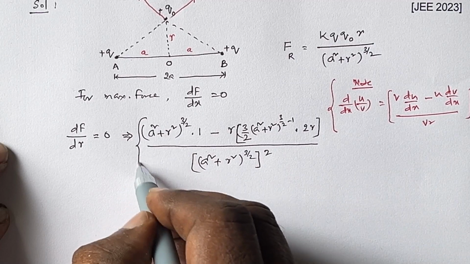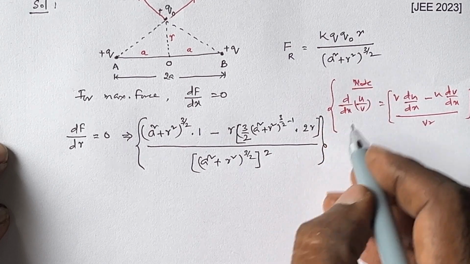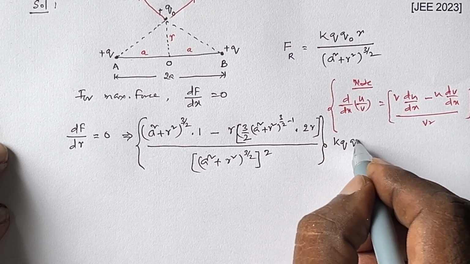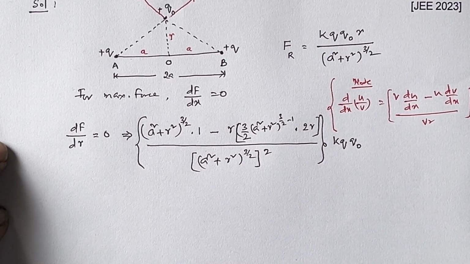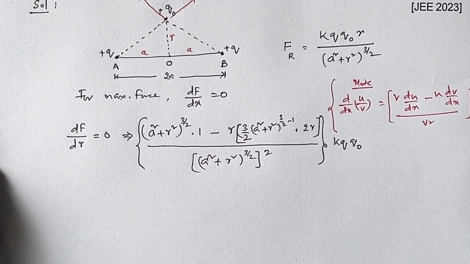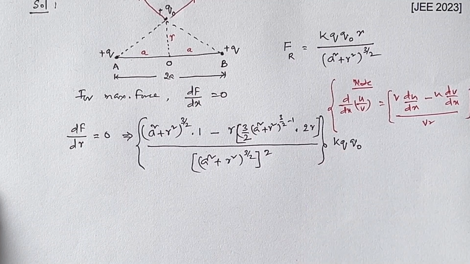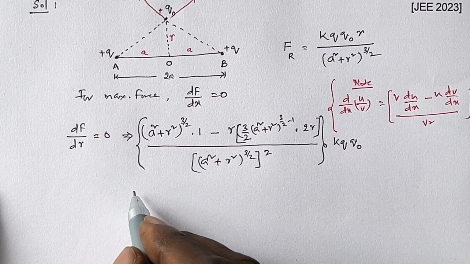And k q q naught will be common. So we have differentiated, k q q naught came common, right? So that is equal to 0.